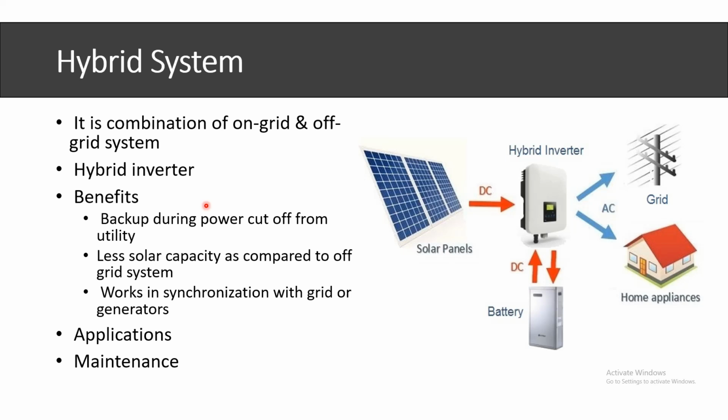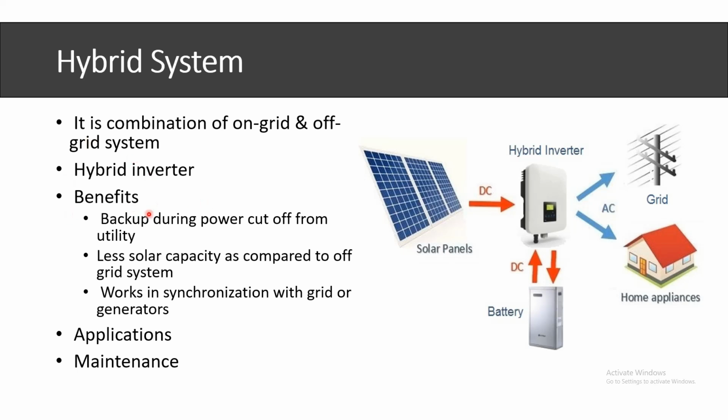Next, it works in synchronization with the grid or generator. This inverter is specially designed to work in synchronization with the grid as well as the generator. So you can use this kind of system in remote areas to fulfill your power requirement. For example, suppose you have an on-site project and you are working there and there is no grid connection available, you can use this system with a backup generator to have a very reliable power system.